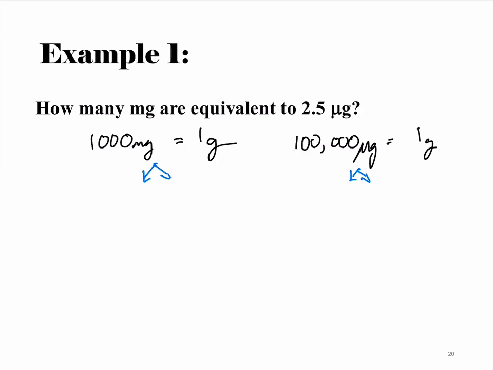So we have 1,000 milligrams per 1 gram. And we also have 1 gram per 1,000 milligrams, and then the same thing here. Instead of writing this out, I'm just going to write 10 to the 5, or sorry, 10 to the 6.